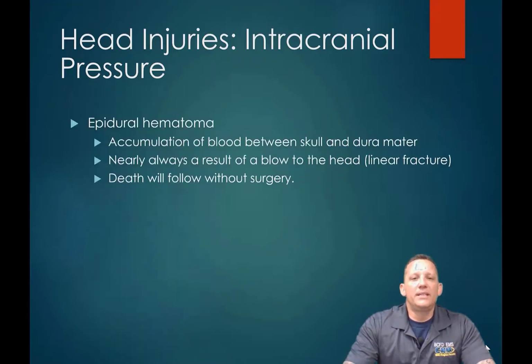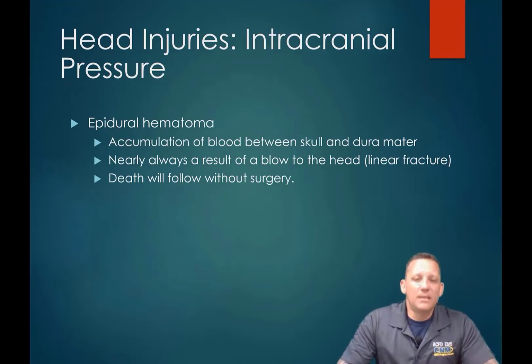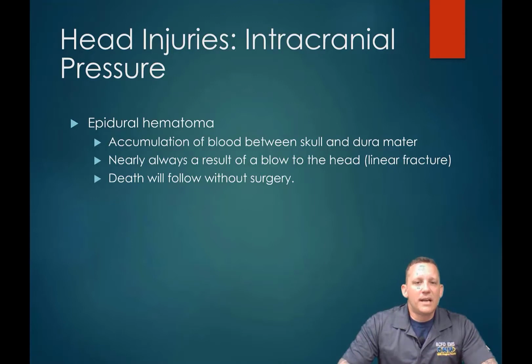Now, when we're talking about bleeds in the cranial vault, we have the epidural hematoma, and this is the accumulation of blood between the skull and the dura mater. So this is actual bleeding that's not into the brain, but it is putting significant pressure between the skull and the brain. Again, I want everybody to remember, there's not a lot of room there.